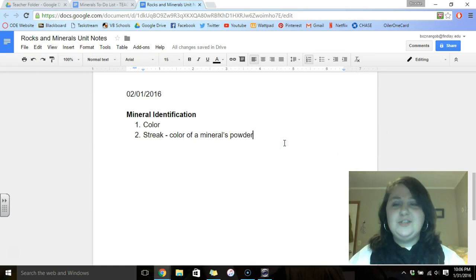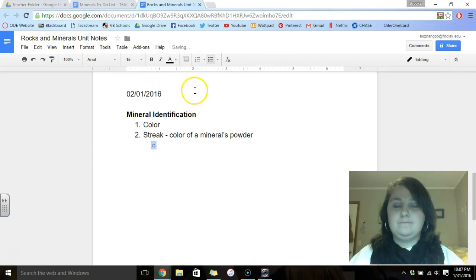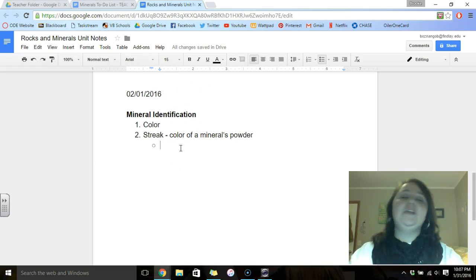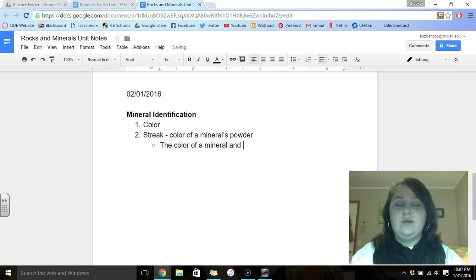So maybe actually before we move on, let's add one more thing to our streak here. I'm just going to add that the color of a mineral and its streak color are not always the same. And I'm going to put an example.